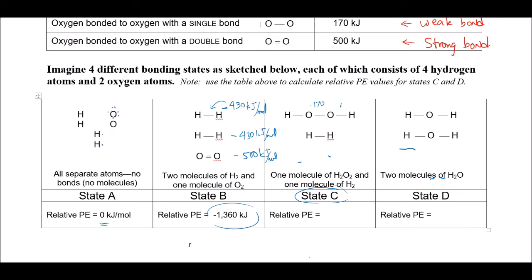This is for 60 for the OH bonds. The HH bond we've already seen is 430, so these are all negative numbers. Add them up, and what do we get? This is negative 1520 kilojoules per mole. That's the total of those bond energies. You can see this is lower than state B, much lower than state A.